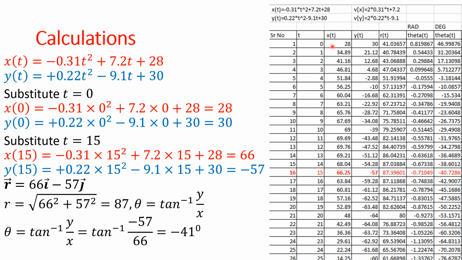So x of 0 is 28, y of 0 is 30, x of 15 is equal to 66 and y of 15 is equal to minus 57. R is 87, and theta, when you calculate, appears in radians, and that is to be converted into degrees later on. So students have to understand this very clearly.